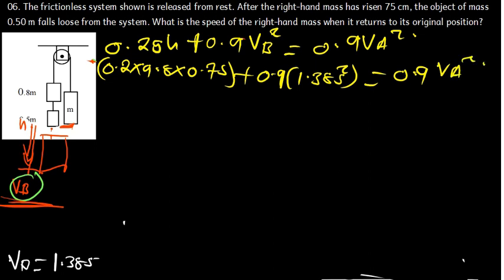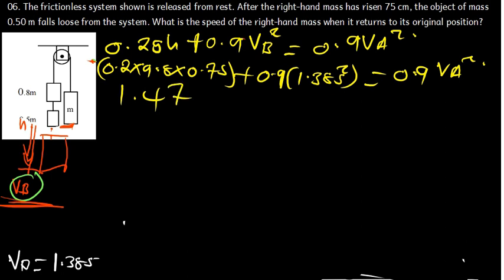Now from here, 0.2 times 9.8 times 0.75 is giving me 1.47.